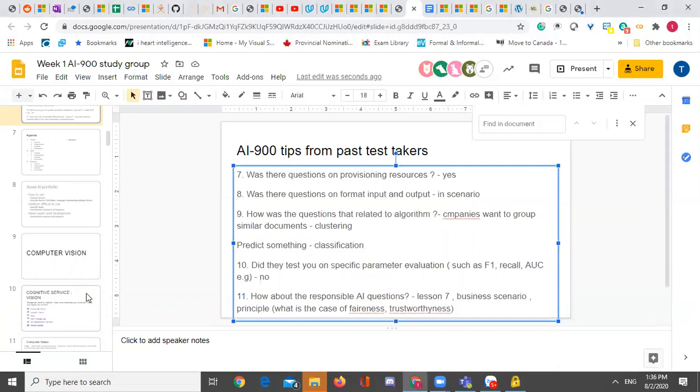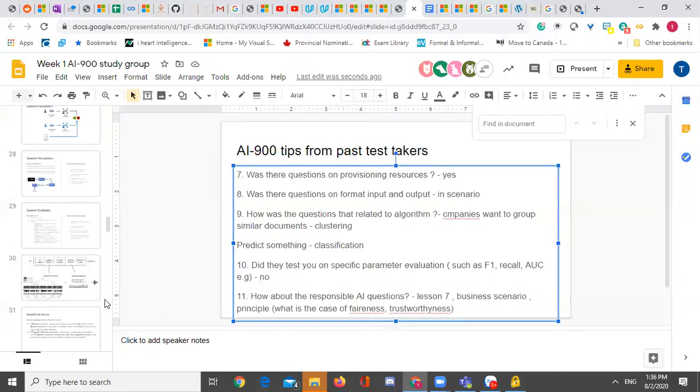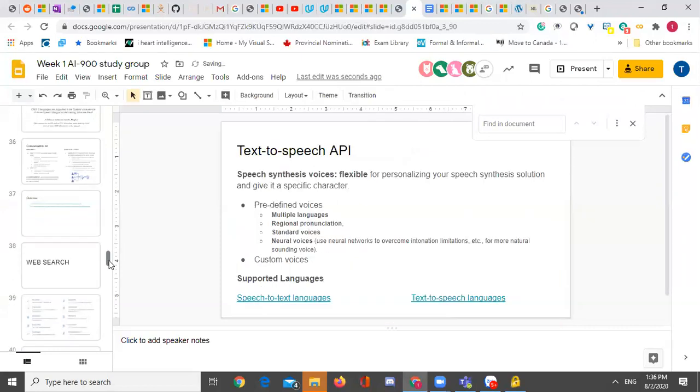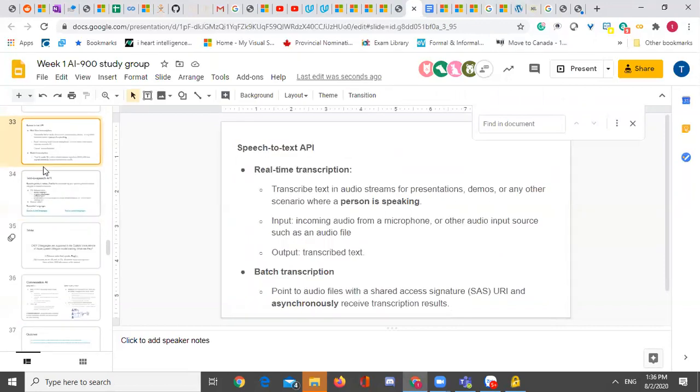Okay, so let's move in then. Please feel free to stop me if you have questions on the exam, because building a strategy is very, very important. No matter how much knowledge you have, going to the test you should develop a strategy to pass it.